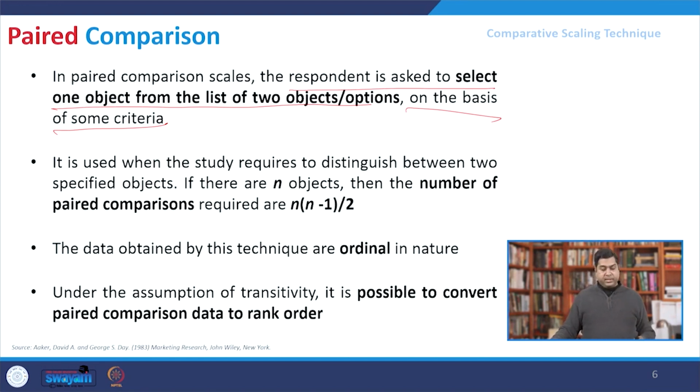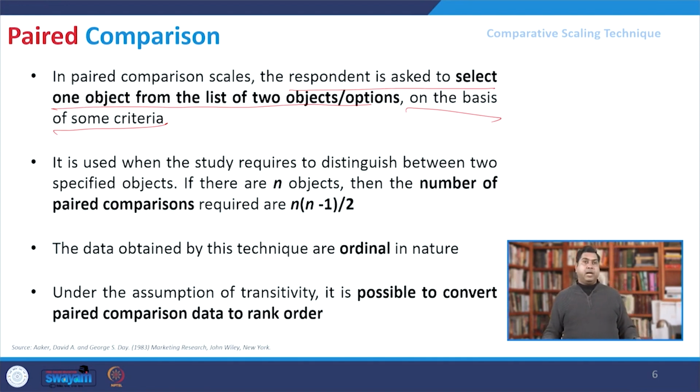Say if I ask about preference, that out of these two buildings which one would you like to visit first, in such a case the criterion is your willingness or your preference to visit, and then you compare.